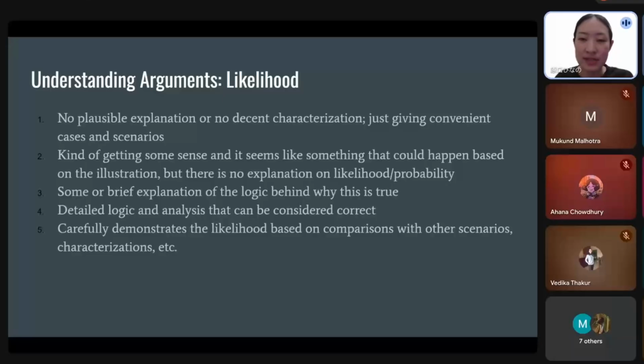The third level is some brief explanation of the logic behind why this is true. So in the example, parents will think the conservative ideology is something important and beneficial. That's why parents teach conservative ideology to the children, stuff like that.